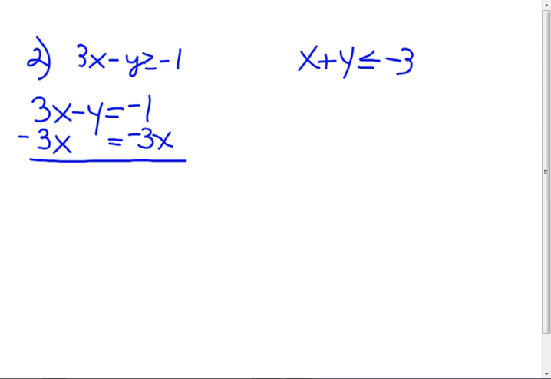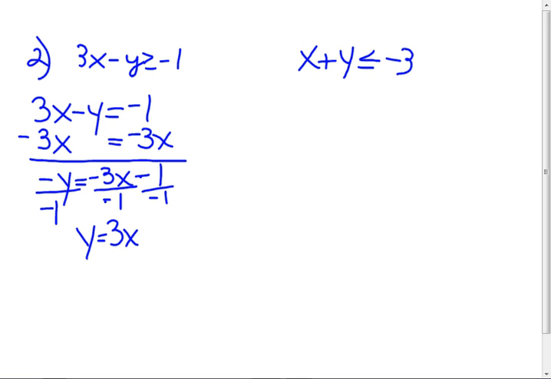No, we haven't solved for y yet. Minus y equals negative 3x minus 1. Okay, you divide by negative 1. So y equals what? 2 negatives make a positive, 3x.